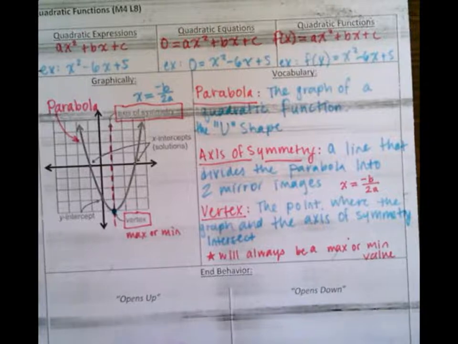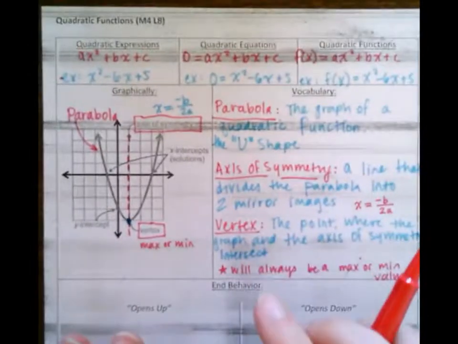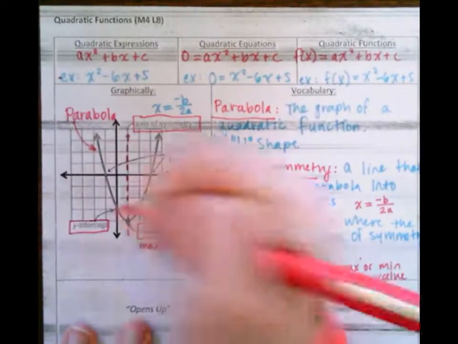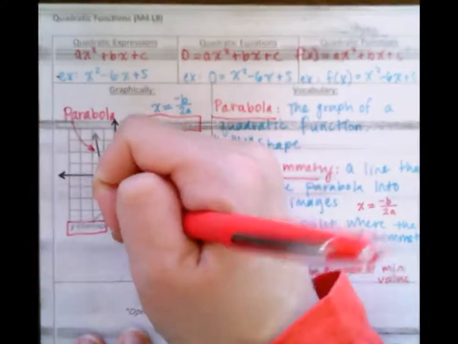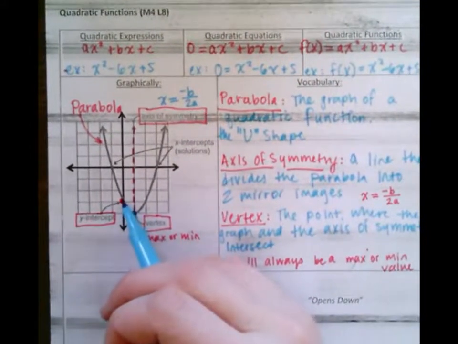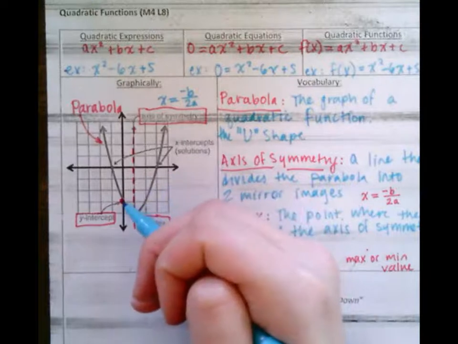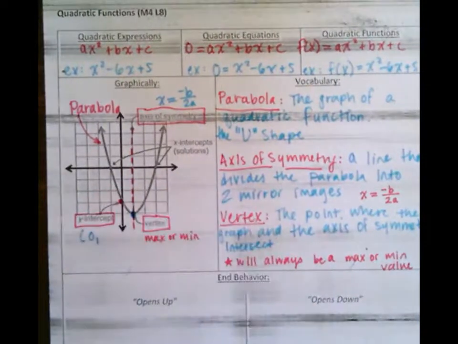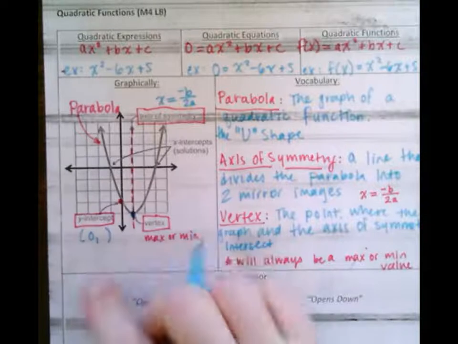The other things that are labeled on here are things you're pretty familiar with. We have the y-intercept, which is where the parabola crosses the y-axis. There's a way to see that in the equation, which is that the y-intercept is where x is 0. If I were to write an ordered pair, the x value would be 0.